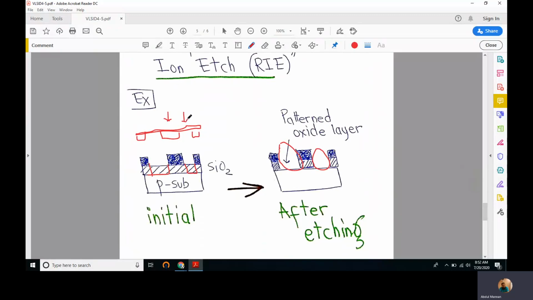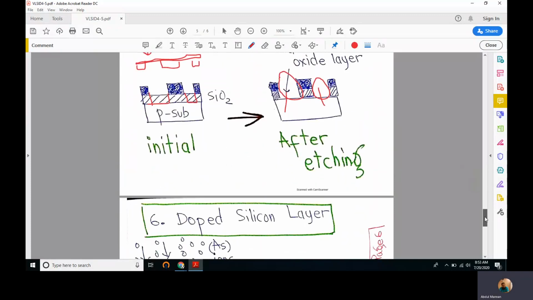Some portions are hardened, some are not, and then we can apply rinsing chemicals to rinse this whole part out, and we keep this. With certain other materials, we can remove these hardened layers so that we have only this patterned silicon dioxide layer on top of this substrate.